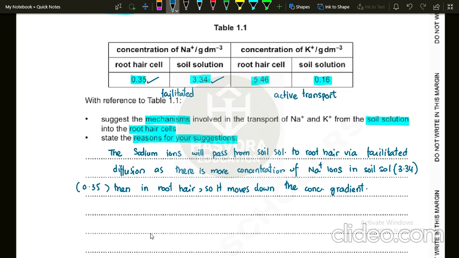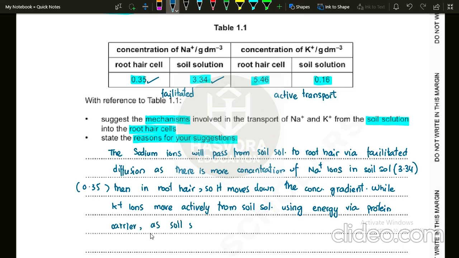Now also write for the potassium ions, you can simply just intensify this answer, so we will write: while potassium ions move actively from soil solution using energy via protein carriers, as soil solution has less concentration, which is 0.16, than root hair cell, which is 5.46.